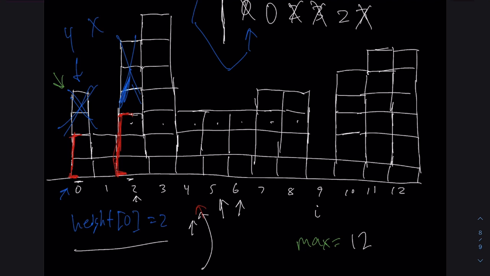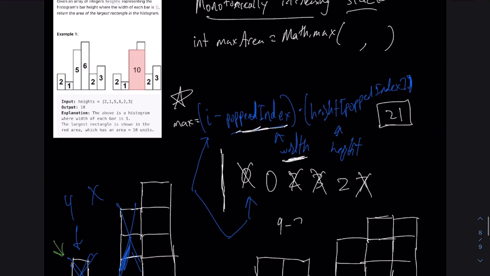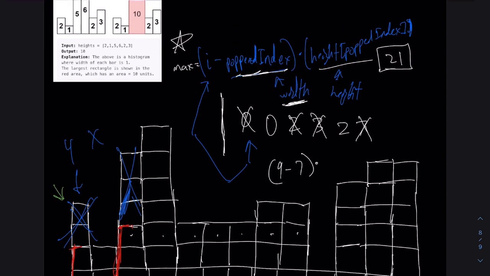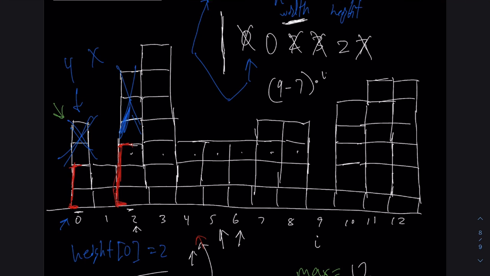Get rid of it. As we get rid of it, we multiply this index. So we multiply what we just popped. We take I, which is equal to 9. So 9 minus, remember our equation up here? 9 minus 7 equals, 9 minus 7 times the height at the popped index, 4, is equal to 8.